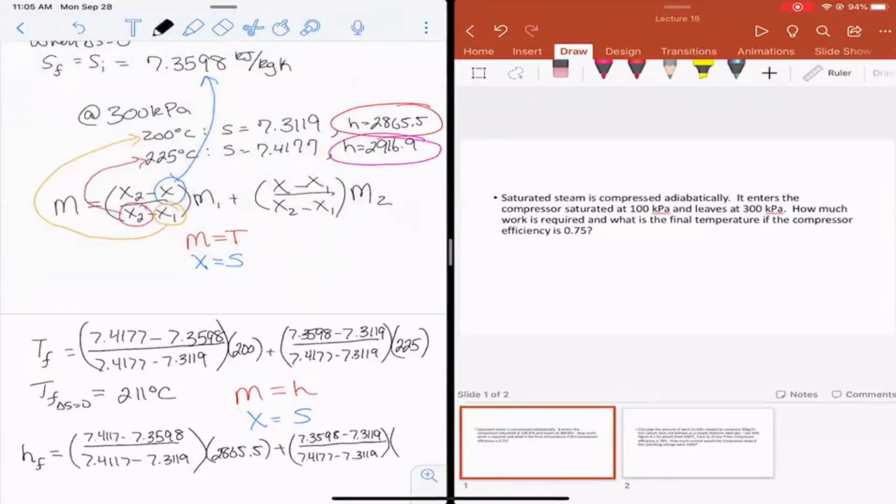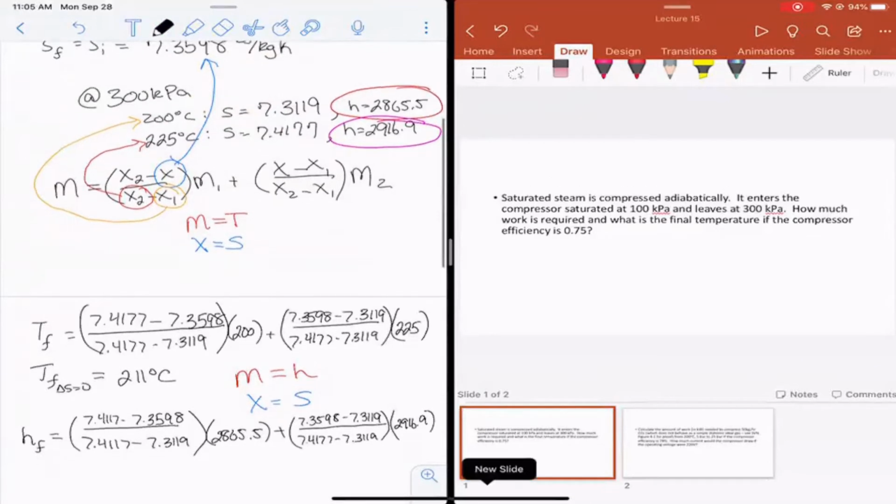So that's 2916.9. And we can find that the enthalpy in the final state is 2888.8 kilojoules per kilogram.